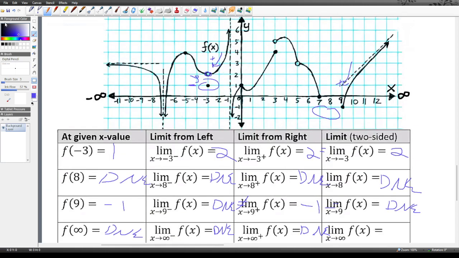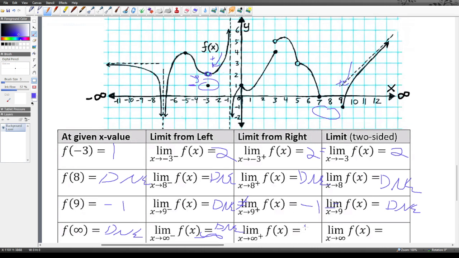Or actually, my bad. For negative infinity, or for infinity going to the left side, this will actually be infinity. But we can put does not exist from the left side, since we can't see the infinity x somewhere. Remember, we can't substitute x in a function, so we can't see where it is graphically.